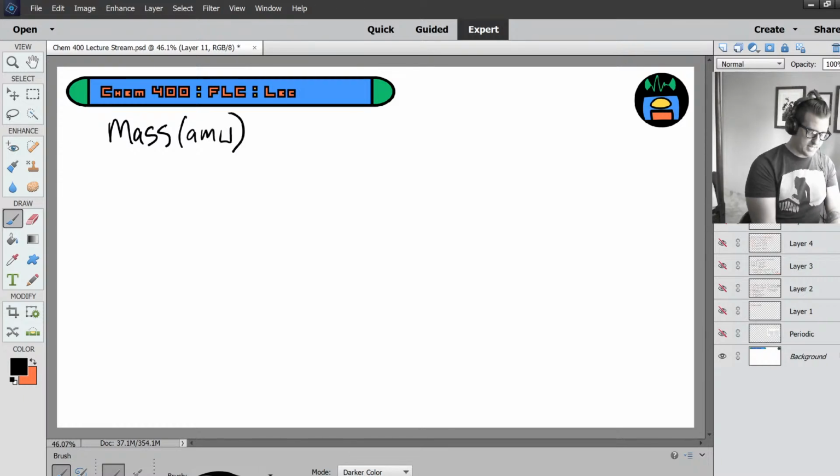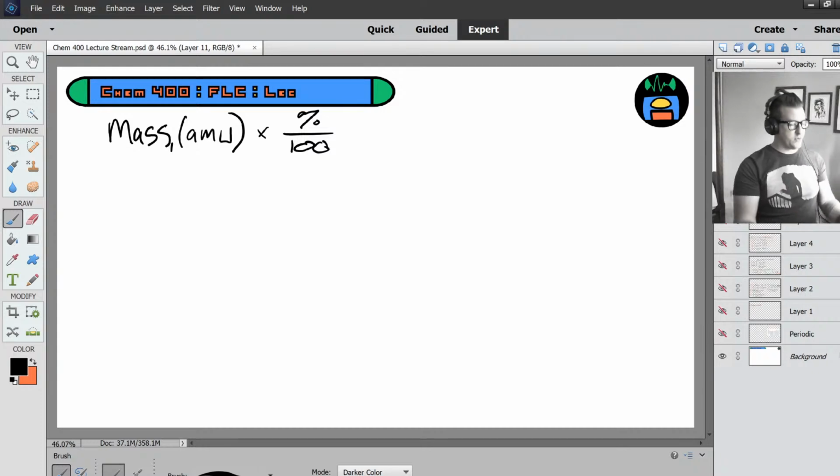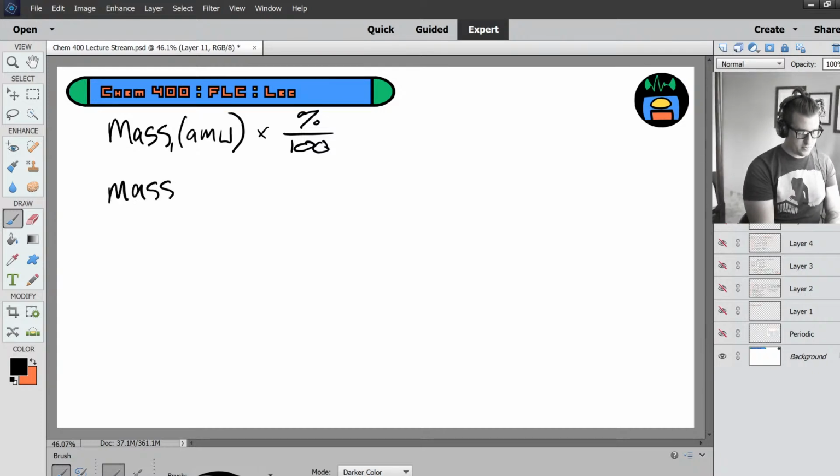So for example, the mass of isotope 1 in AMU times its percentage over 100, right? Because you gotta convert that percentage to a decimal. You take each isotope, multiply it by its percent abundance over 100. And this will change.